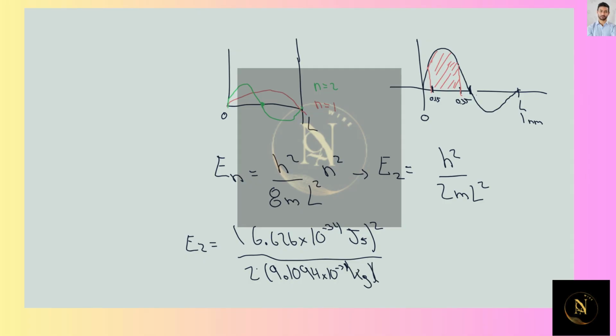So we have nanometers, so this is 1 times 10 to the minus 9 squared meters.